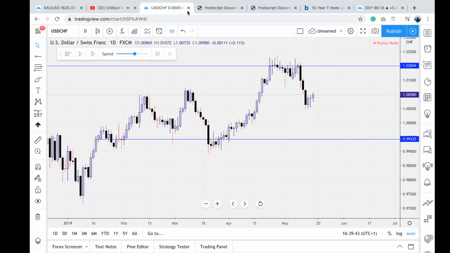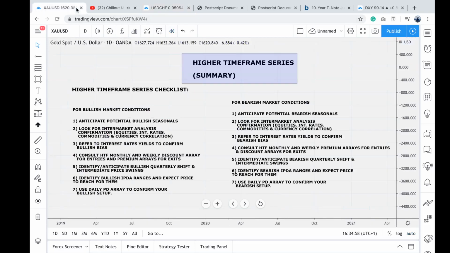So first off, what we did was we cross-checked off our list seasonal tendencies. Okay, the next thing we want to look for is, since 2 and 3 are interrelated, interest rates to confirm our bias, because now we're bearish just simply based off seasonals. We're now looking at a bearish market condition, so we're going to ignore this. We're going to focus on this for bearish market conditions.